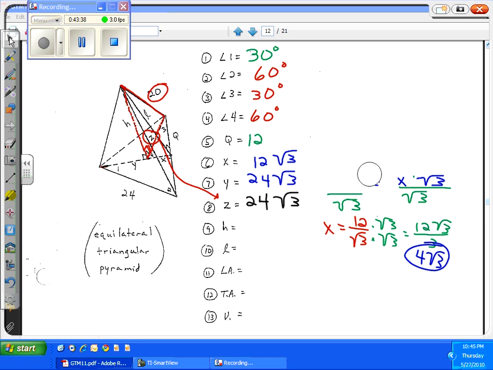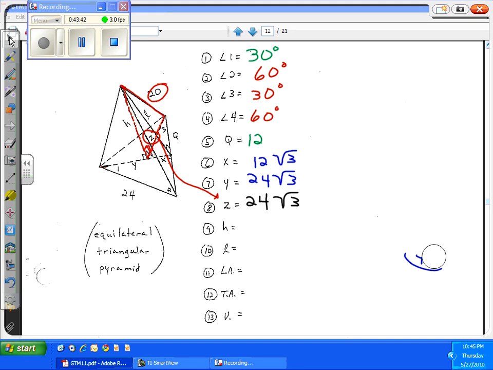So we're going to use C square equal A square plus B square. I'm going to come over here and clean up my workspace and do that. The hypotenuse is the 20, so 20 square equal my height square plus my other side, which is Z square, which is 24 square roots of 3 squared.